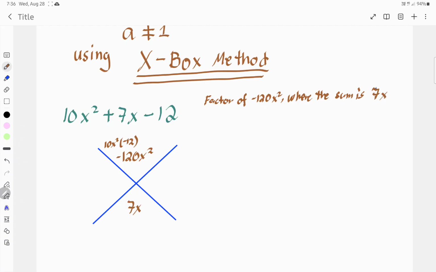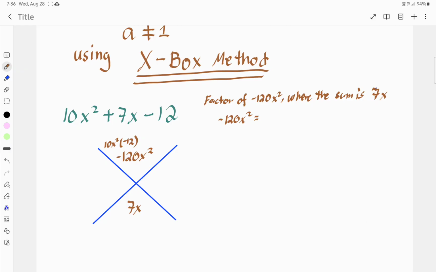So let's do the trial and error. If I have negative 120x squared, in this case the product is negative, so one should be positive and another would be negative. What identifies which one should be greater is the middle term. If the middle term is positive, the number with the greater absolute value should be positive.